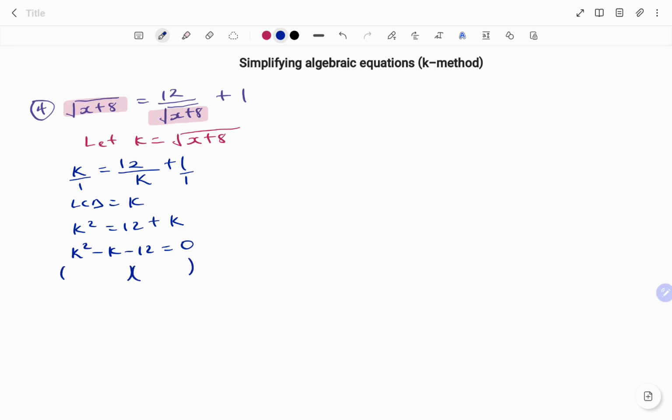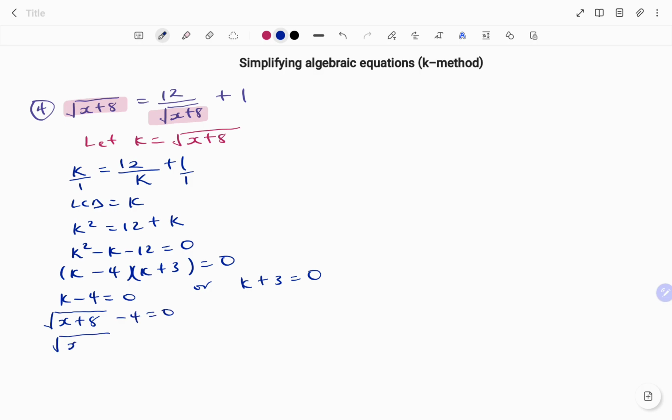If I factorize, I have k. Factors of minus 12, that will give me minus 1k, that will be minus 4 plus 3. So therefore, k minus 4 equals 0, or k plus 3 equals 0. I'm going to replace my k with square root of x plus 8. So I have root of x plus 8 minus 4 equals 0.